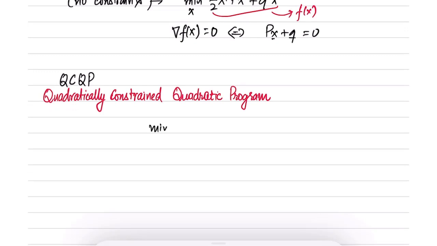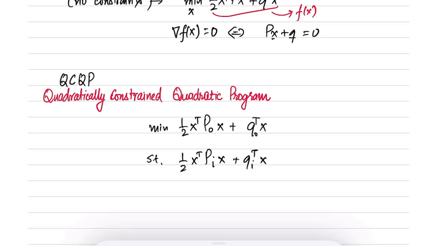So we write it as minimization of half x transpose P0 x plus q transpose x, subject to half of x transpose Pi x plus qi transpose x plus ri less than or equal to 0, for i equal to 1 to m, and Ax equal to b. So this is the quadratically constrained quadratic program.